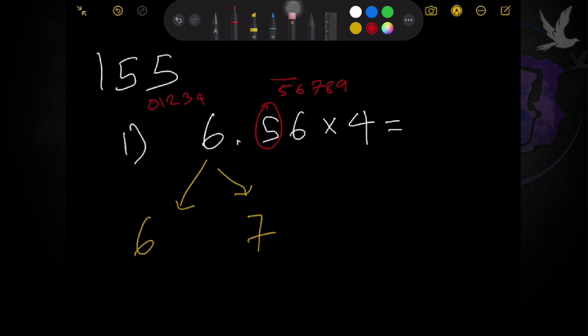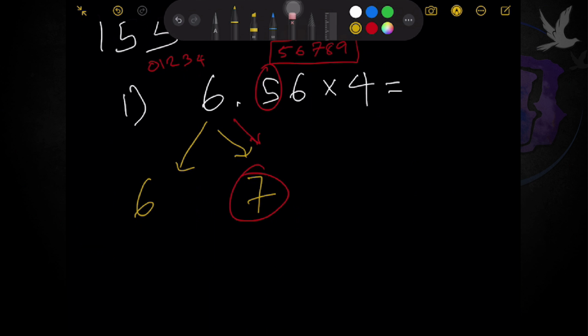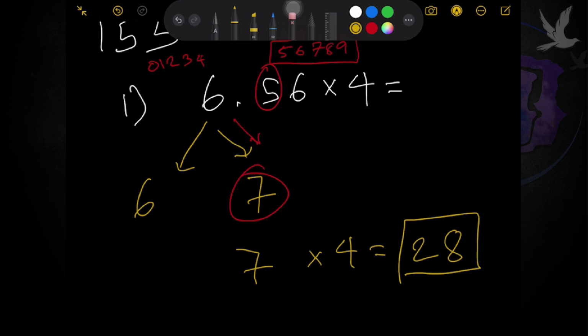So 5 belongs to this group, which means it's going this way, choosing this value over here, which in this case is 7. So, rewriting this now, 6.56 times 4 is just equivalent to 7 times 4, which is equivalent to 28. So, yan lang ang gagawin ninyo for those remaining pages.